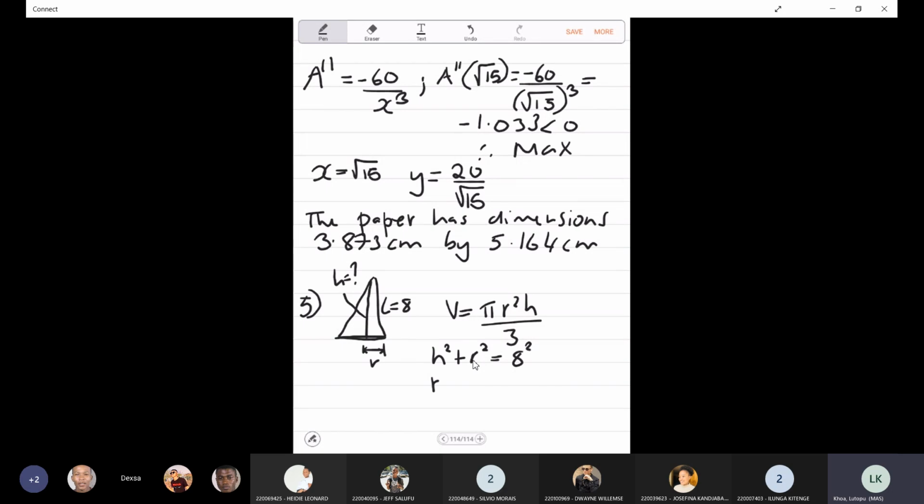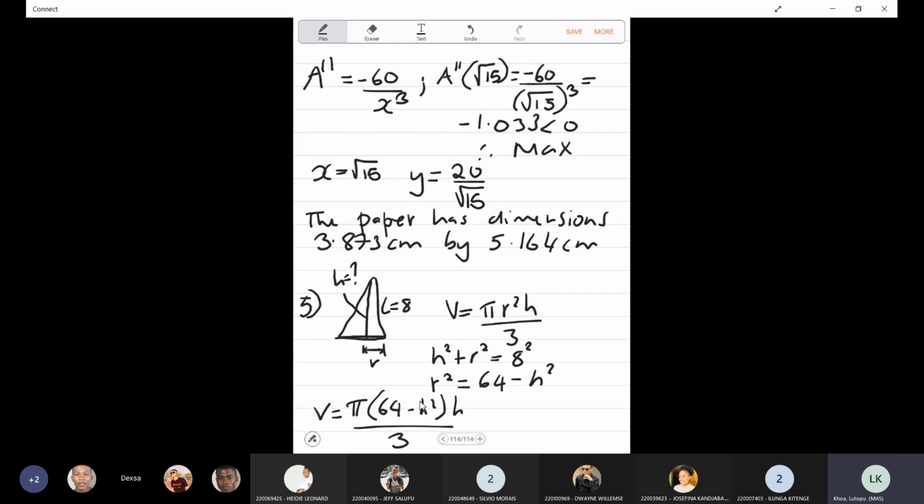So we have r squared is equal to 64 minus h squared, and then we substitute it in there, which gives us V is equal to pi times 64 minus h squared, times h divided by 3. So we started with a formula for volume that is in terms of 2 variables, and then we rewrite it so that it has only one variable, and we can differentiate, equate to 0, and get our maximum height.